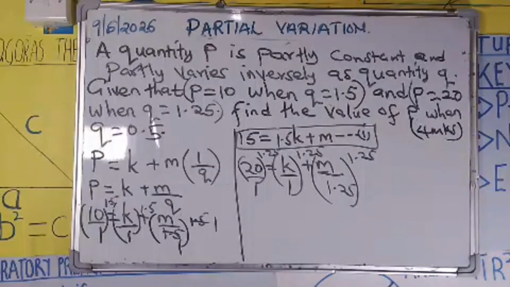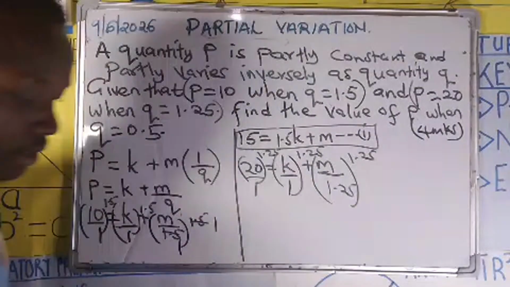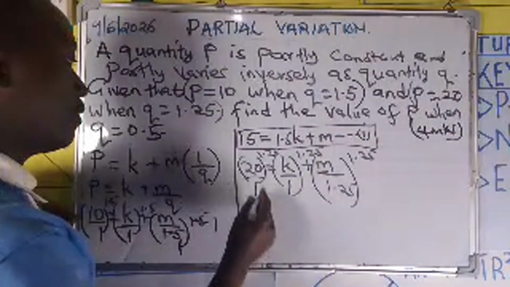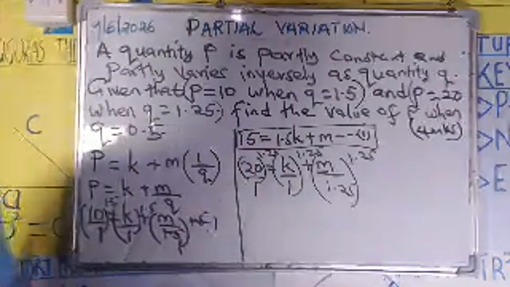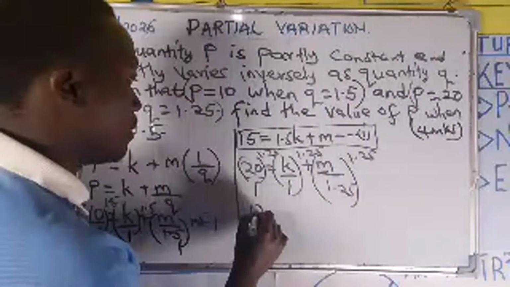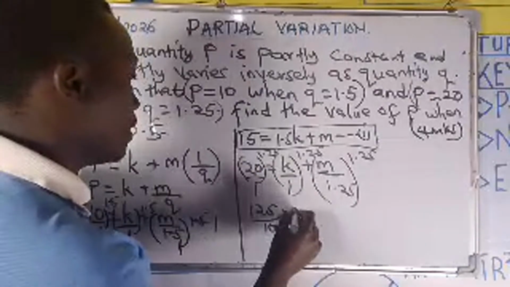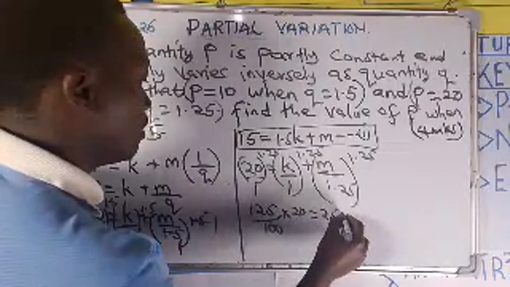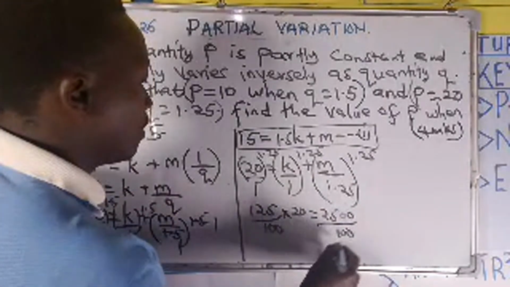Haya. So 1.25 times 20. What is 1.25 times 20? Ni lazima kusema 125 over 100 times 20. So this one will be 2500 over 100.